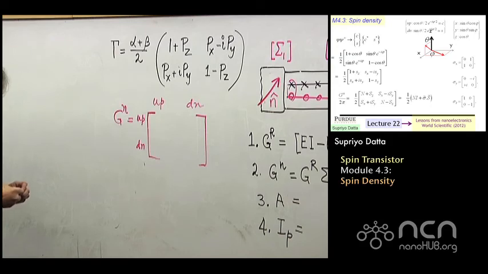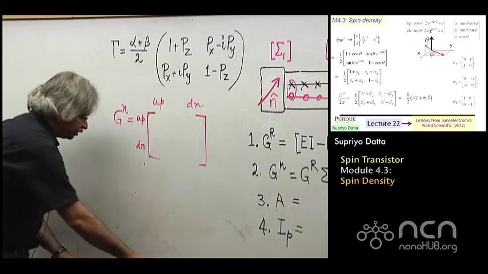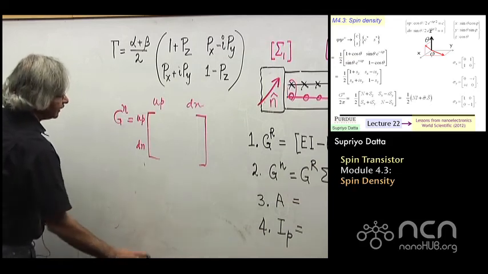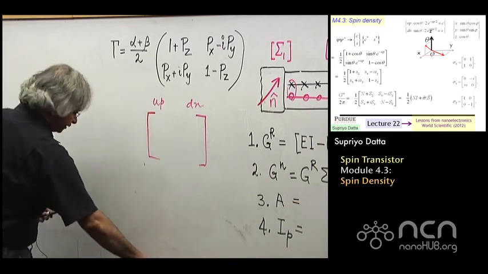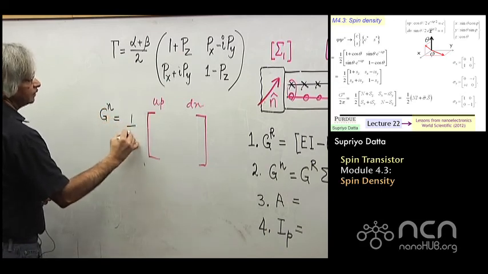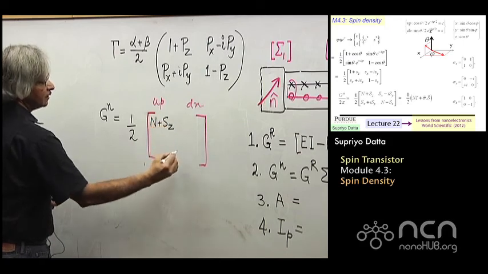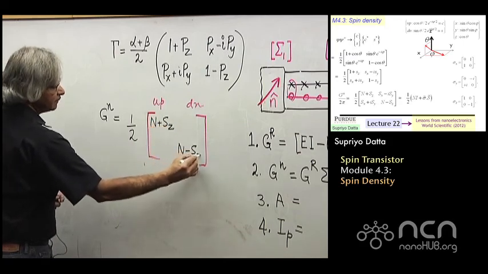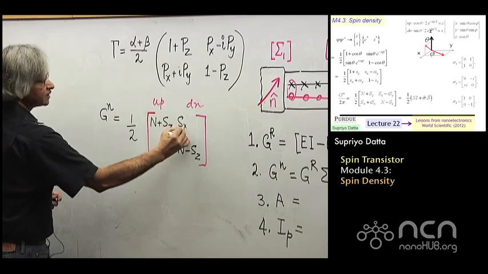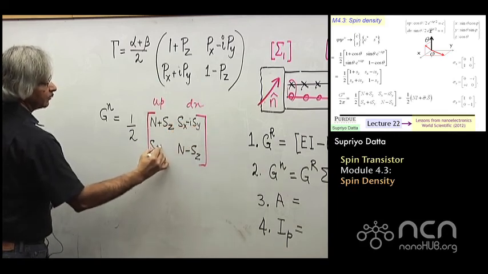Okay. And what I'll be trying to show is that you could interpret it in the following way, and that is, let's move this back a little bit, put a half here. This will be like n plus Sz, n minus Sz, and then Sx minus iSy, and Sx plus iSy.